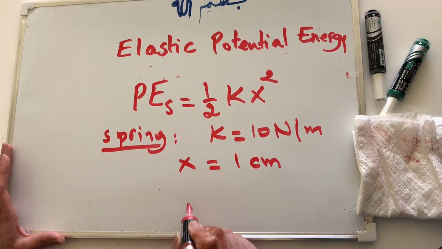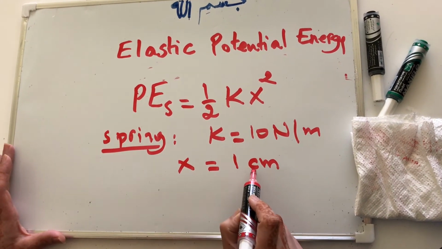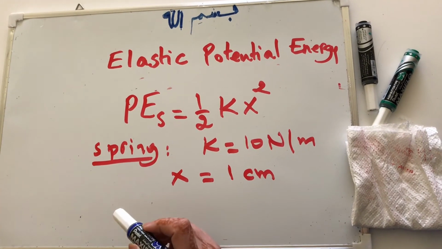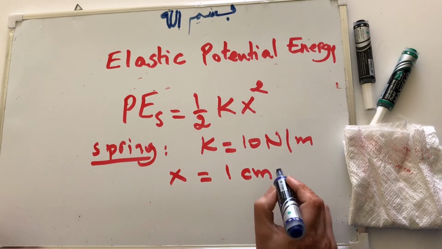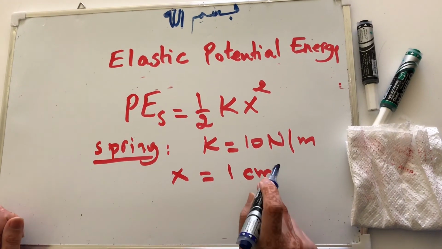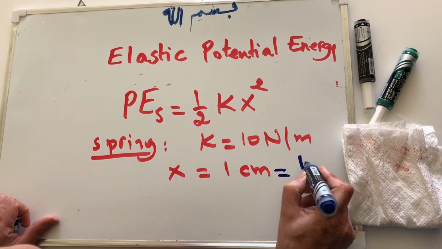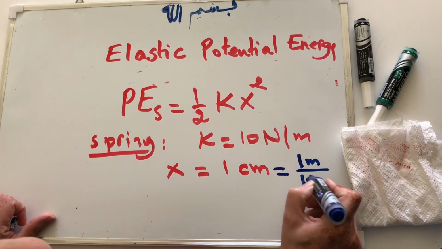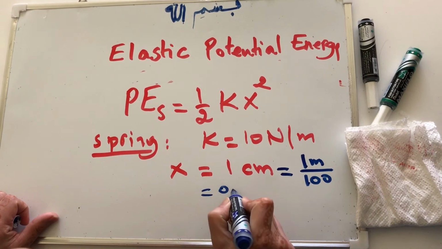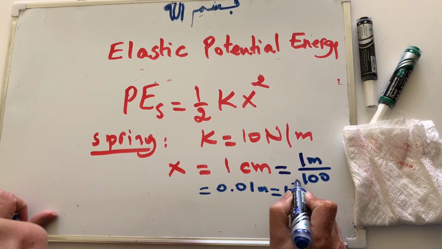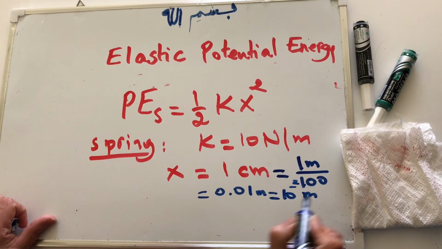We're not going to leave it in centimeters, we're going to convert it to meters. Centimeter is much smaller than the meter, so we need to divide. It's going to be 1 meter over 100, or 0.01 meter, or scientifically 10 to the negative 2 meters.